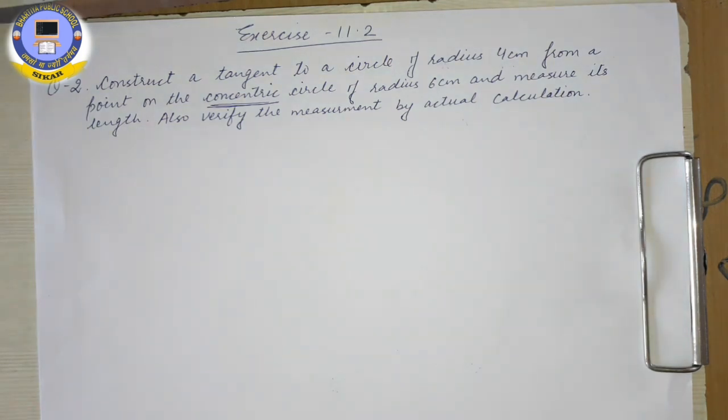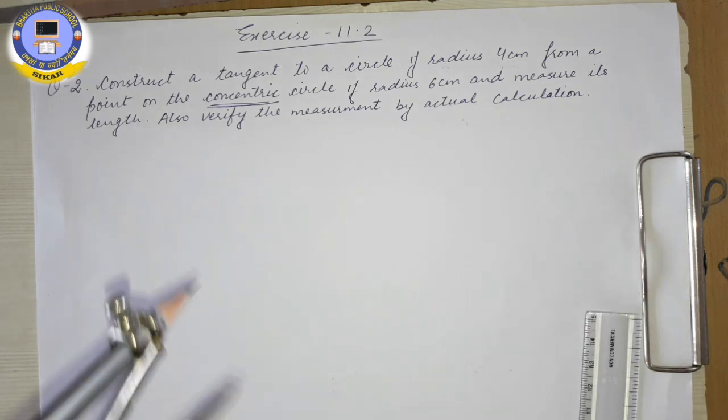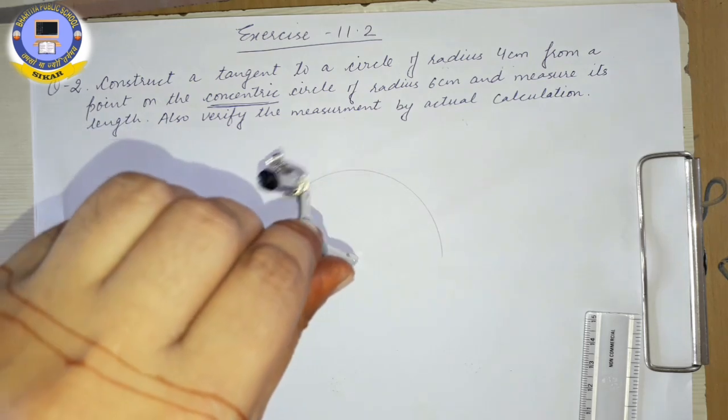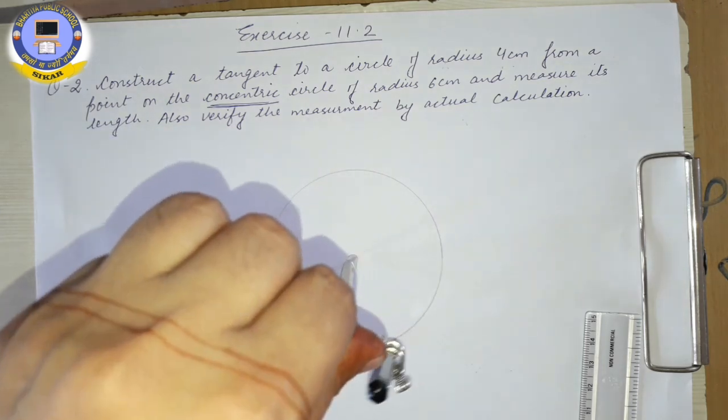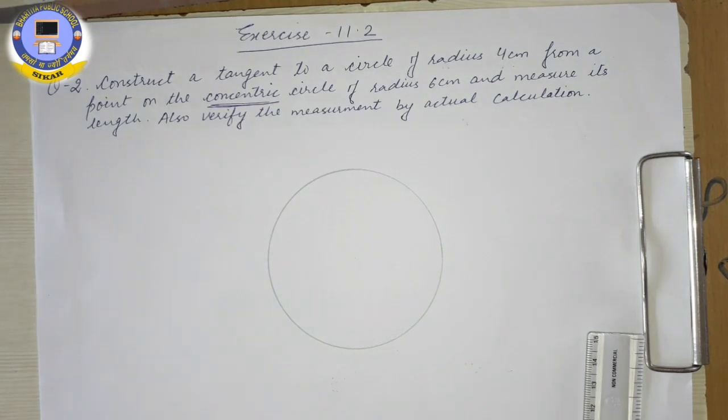The first step is to draw a circle of radius 4 centimeter. Open your compass up to 4 centimeter and draw a circle. We have drawn a circle of radius 4 centimeter. Now you have to draw one more circle of radius 6 centimeter.